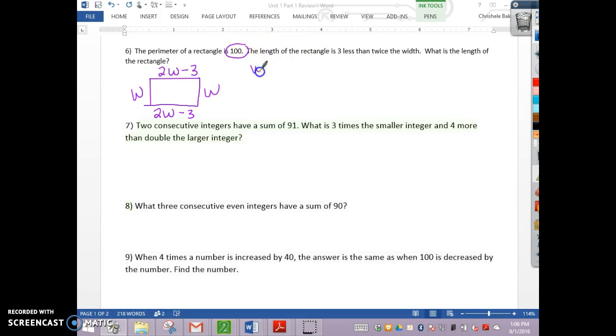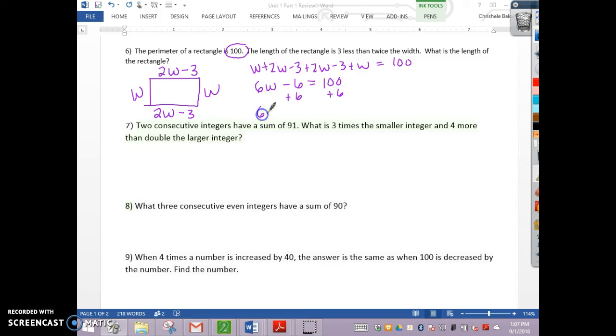So we have w plus 2w minus 3 plus 2w minus 3 plus w is going to be equal to 100. So w plus 2w plus 2w plus w gives me 6w minus 6 equals 100.